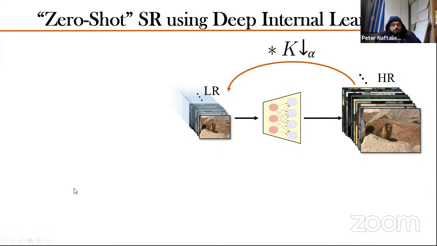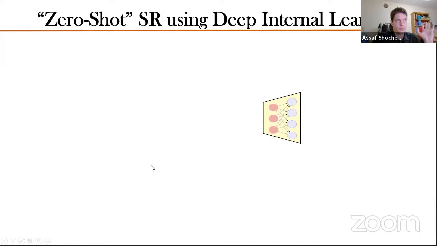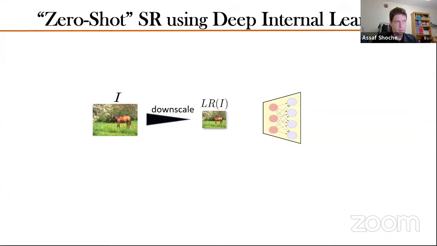So here's our approach to it. We're now going to do a new thing. Remember that our goal is to train a network on a single image, just on the test image, and doing it at test time. So we have this single test input image, and now we're going to do the counterintuitive thing, and we're actually going to downscale it.